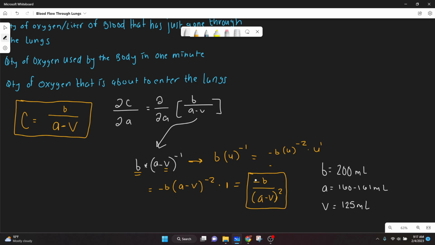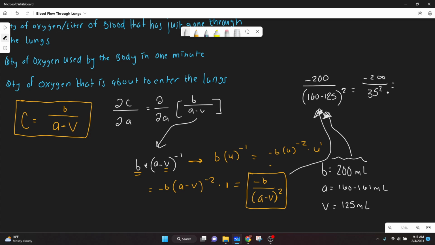We have already derived our partial derivative expression, so if we just plug these in, we get negative 200 over 160 minus 125 squared, and this equals negative 200 over 35 squared.